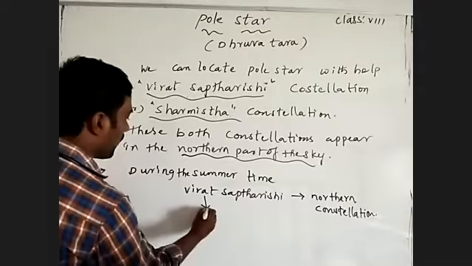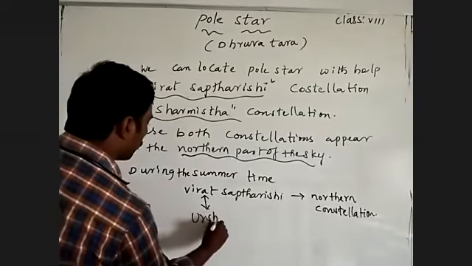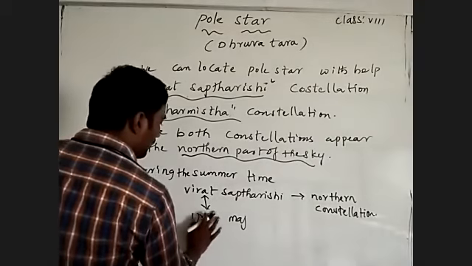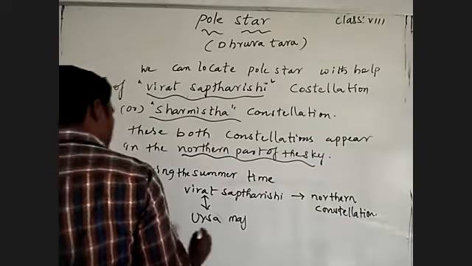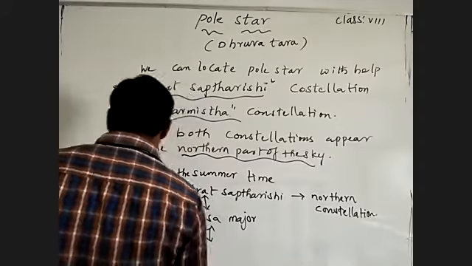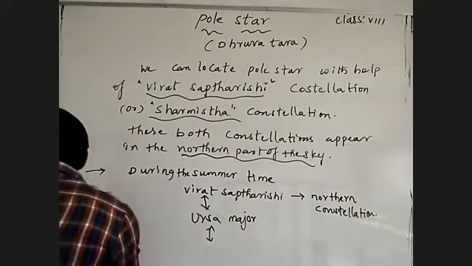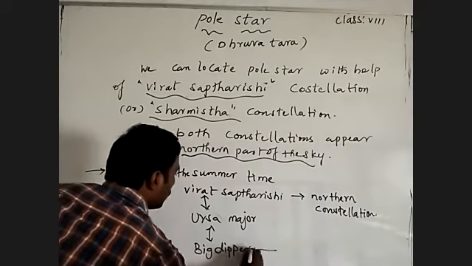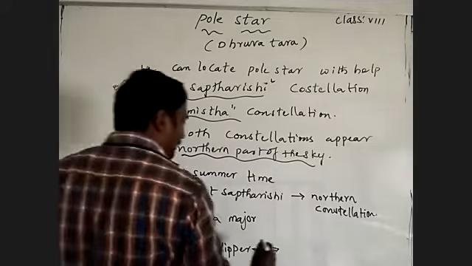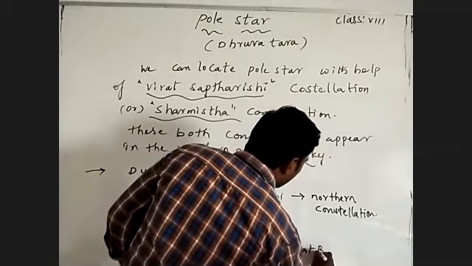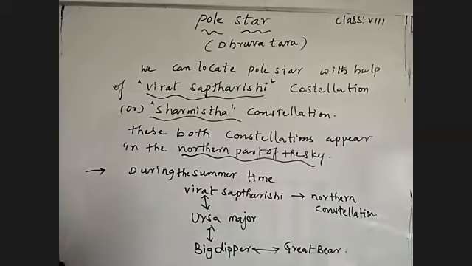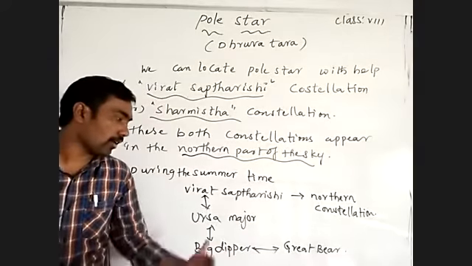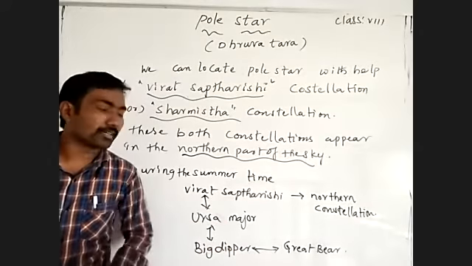Or otherwise we can call it the Big Dipper, or the Great Bear. So Virat Saptarishi has different names: northern constellation, Ursa Major, Big Dipper, Great Bear.